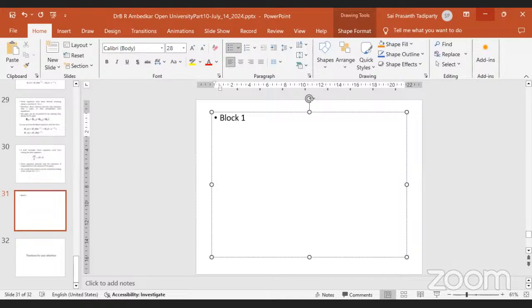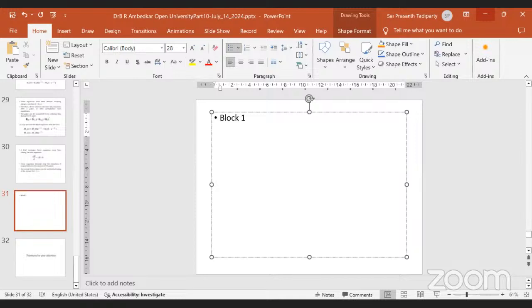How do you define the range of a particle in a given medium? That is the average distance traveled by the particle before it loses its complete energy, that means it comes to rest. That is the range of a particular particle.